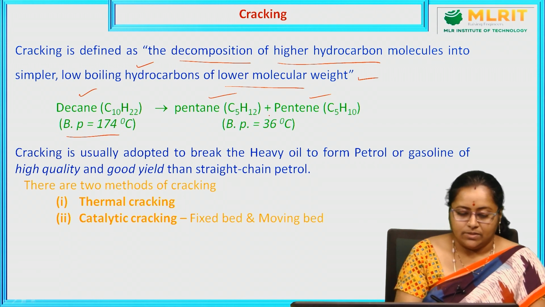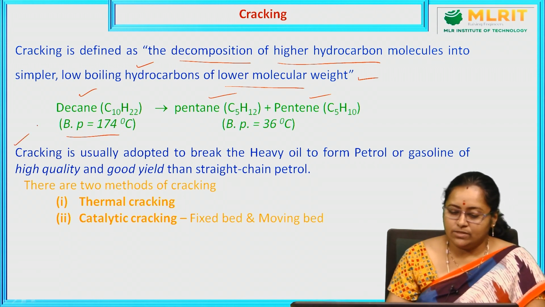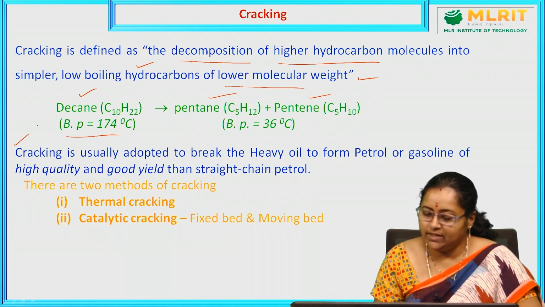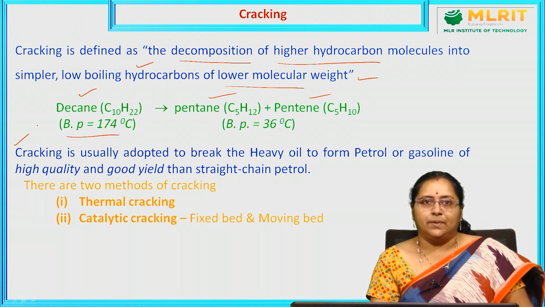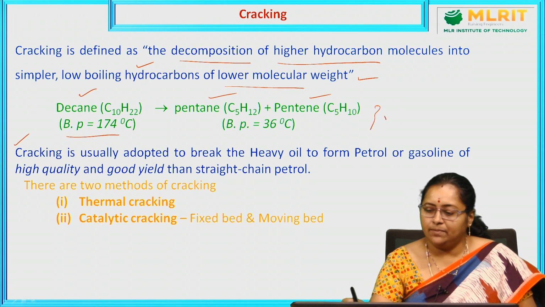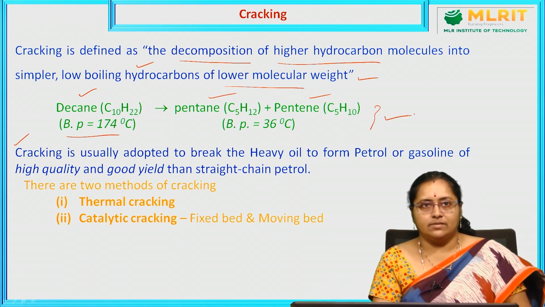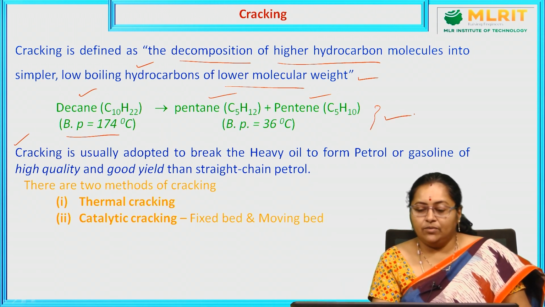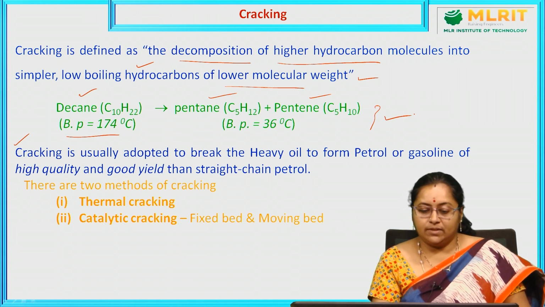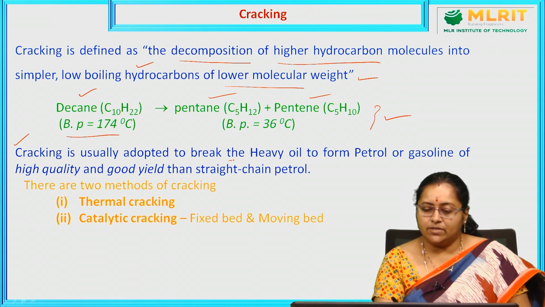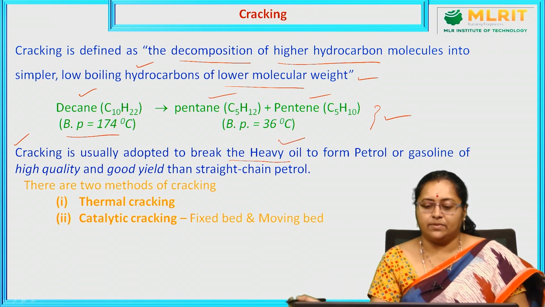Okay. So, this cracking is usually adopted in order to break heavy oil to form petrol or gas oil. This is a generalized example of the cracking process, which I have explained so far. Now we are switching over to synthetic petrol or gasoline preparation, which can be done by adopting this cracking process. The best raw material we choose for carrying out this cracking process is heavy oil.